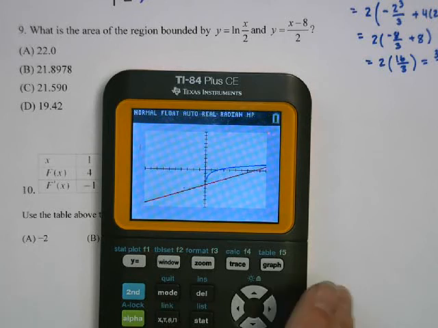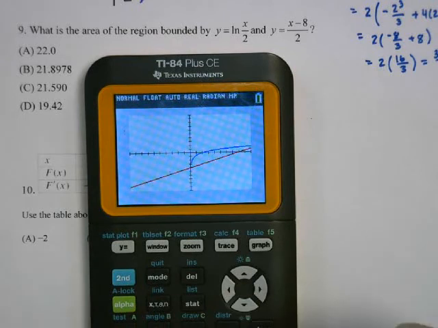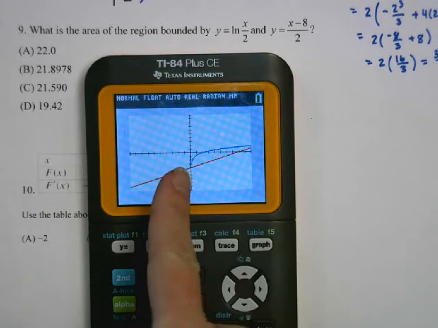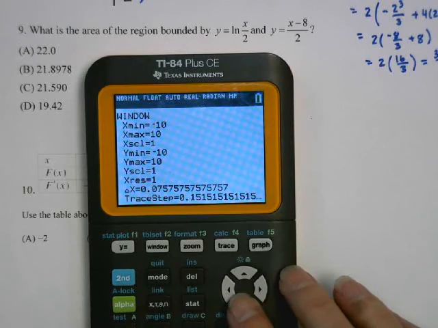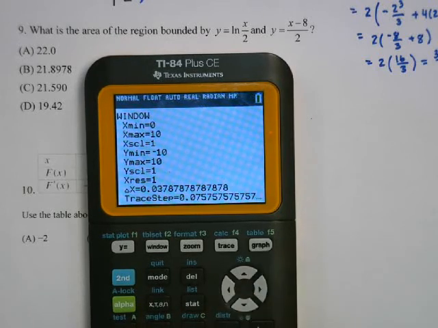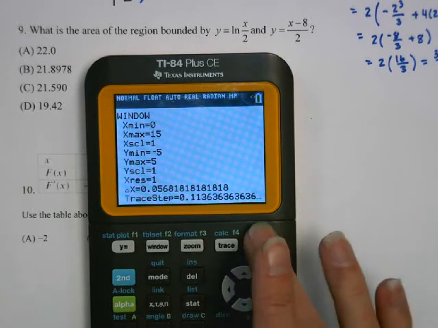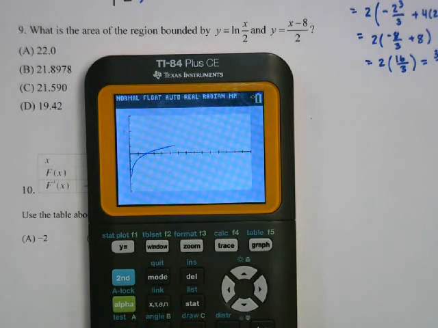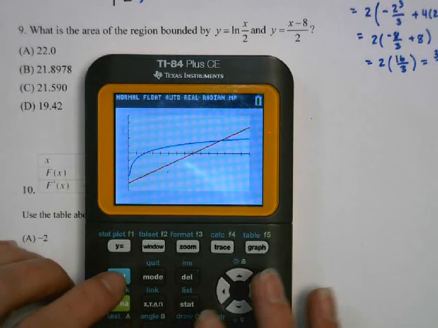All right, so we can't quite see the intersection here, so we're going to have to adjust. So notice, natural log starts at 0. So I'm just going to go from 0 to, let's go maybe up to 15. And then we go from negative 5 to 5. So we're going to find these intersections.